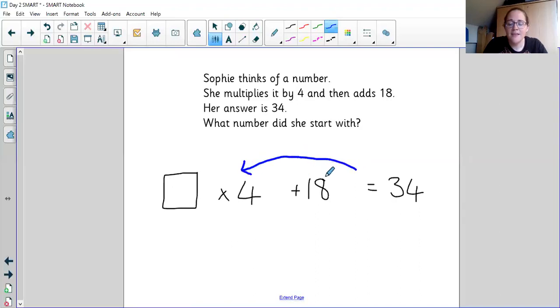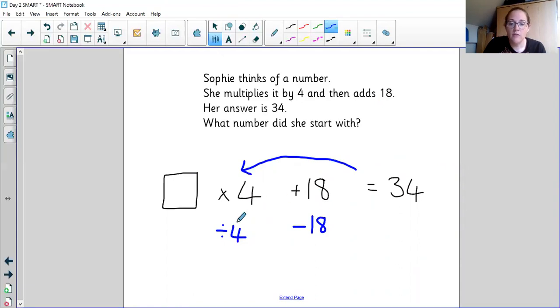So instead of adding 18, we're going to use the inverse. We're going to subtract 18. Instead of multiplying by 4, we're going to divide by 4. And that will tell us what Sophie's original number is. So 34, subtract 18. Well, I'm going to subtract the 10 to get 24, then subtract the 8, and that gets me 16.